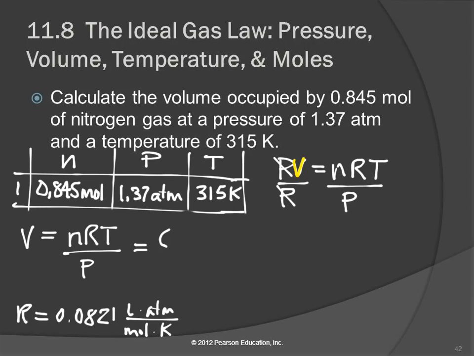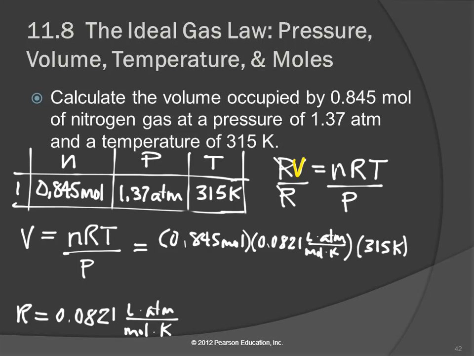N is 0.845 moles. R, it's tempting to leave out those messy units, but don't do it: liter, atmospheres, per mole, Kelvin. Temperature, 315 Kelvin.